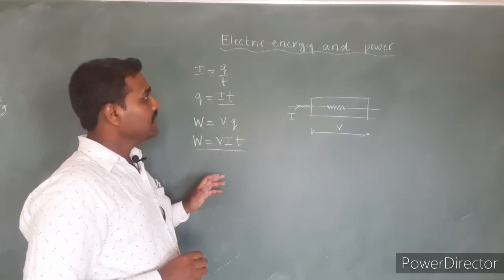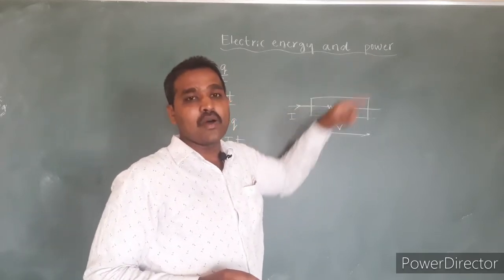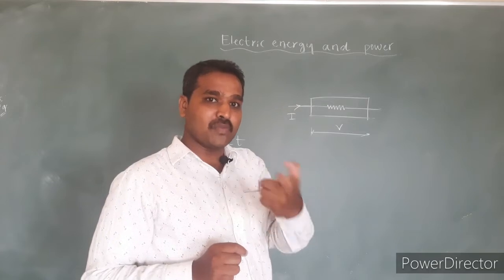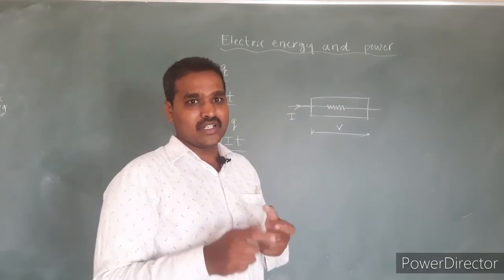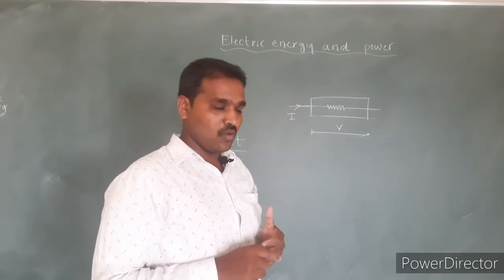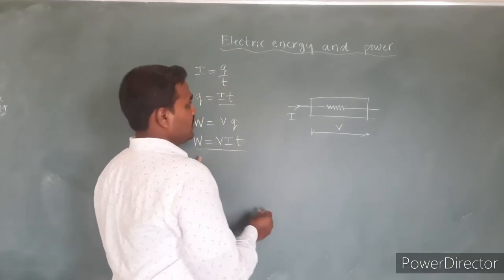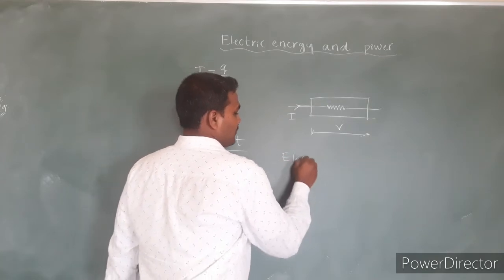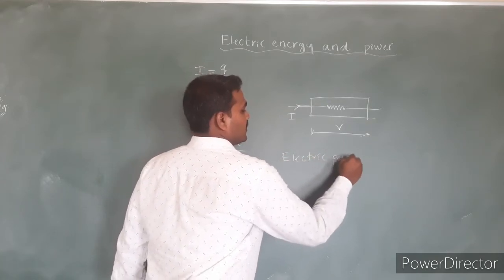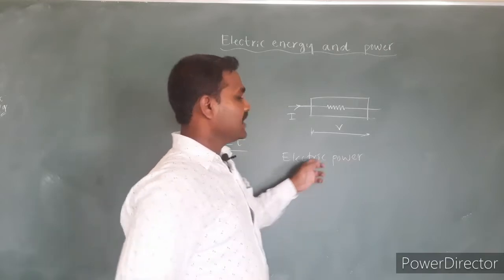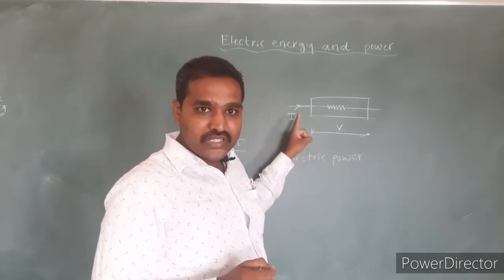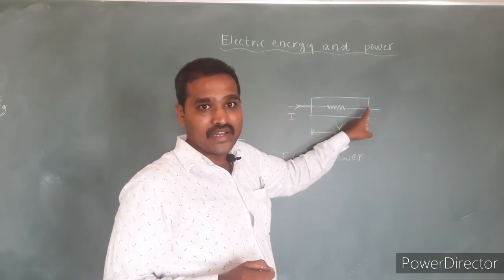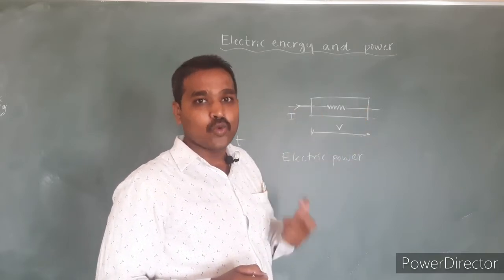Then, by the basic definition, power is work done per unit time, or the energy consumed per unit time. Whatever energy is consumed, the same amount is converted into work. So electric power is the energy required per unit time to maintain the current through any electric device to get the desired output work.